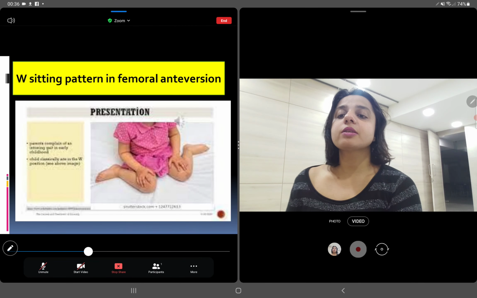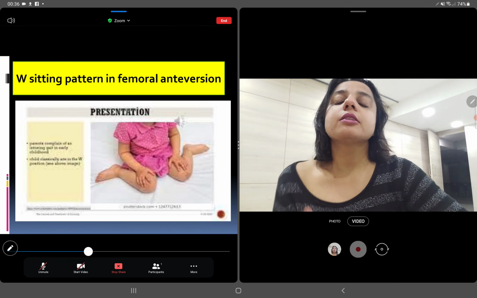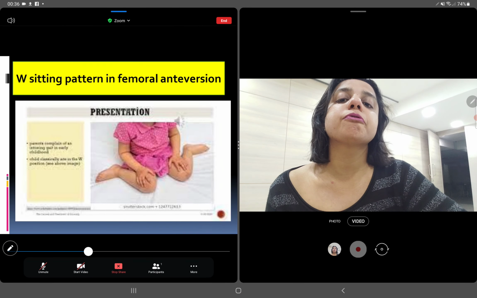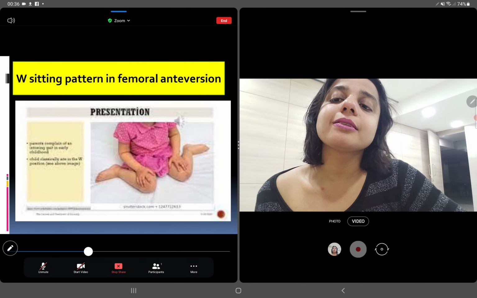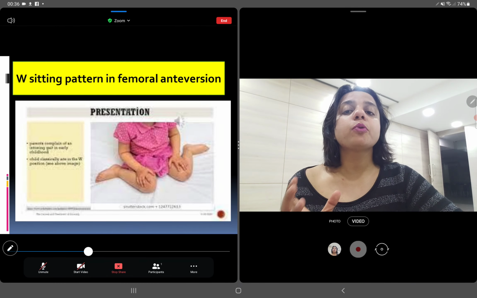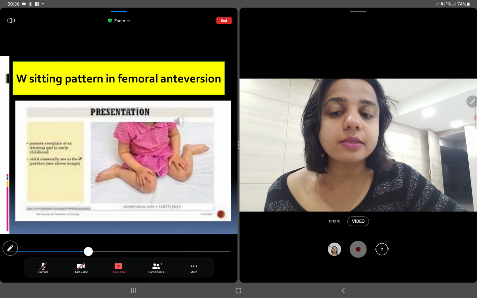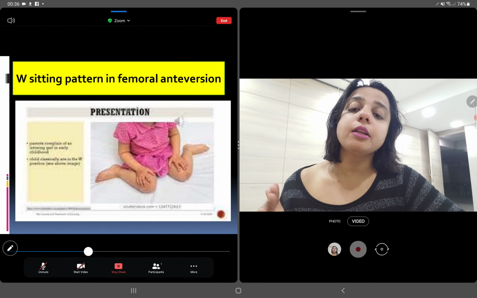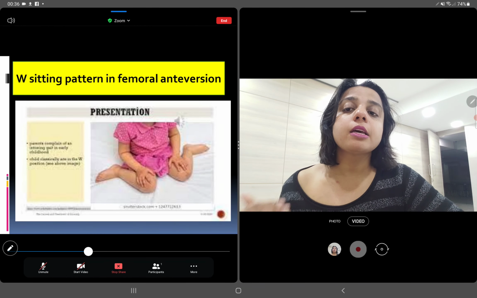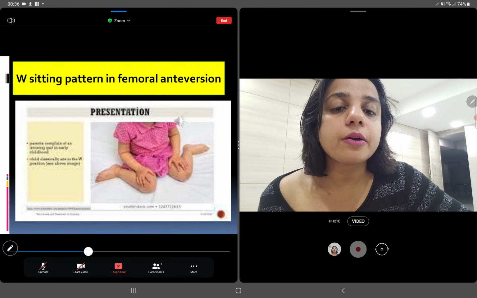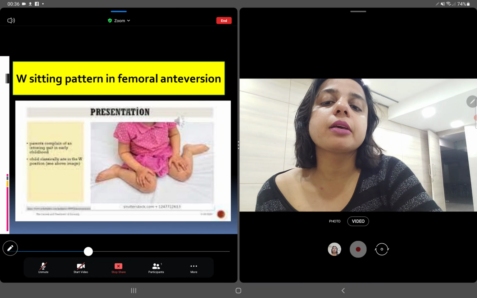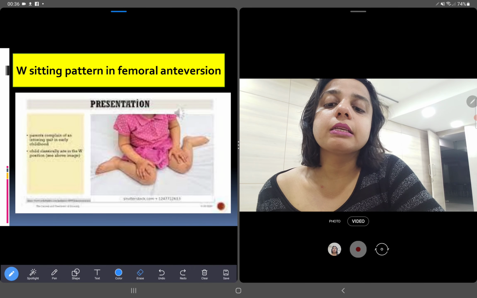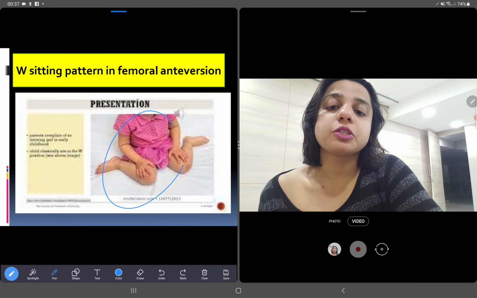Now in this picture you can see the W sitting pattern in femoral anteversion. How does it happen? In femoral anteversion, your GT will move posteriorly and your internal rotation will increase. So the patient will be more comfortable sitting in the W position.